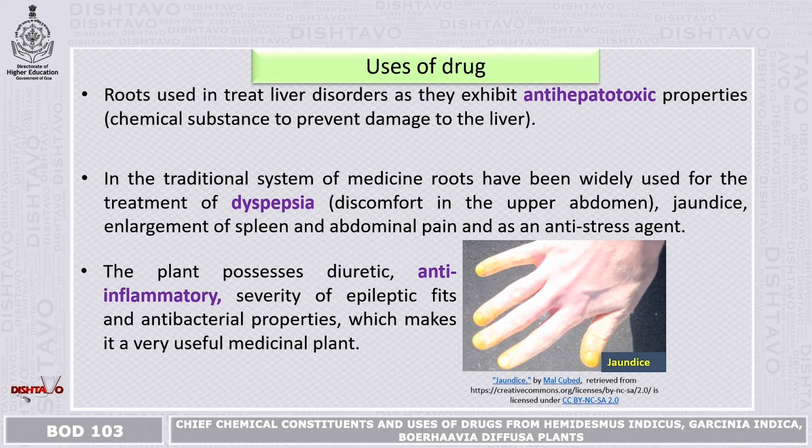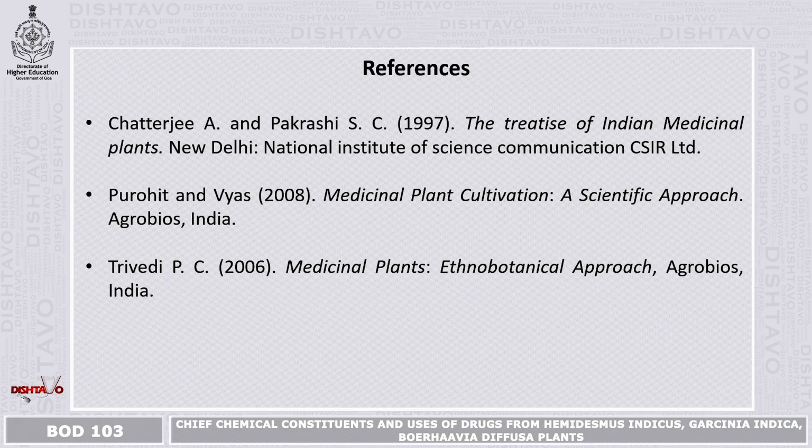It has so many components, and this plant is commercially exploited by industries in making powder. Dry powders are available in the market and people use this for decoctions. These are the references. Thank you.